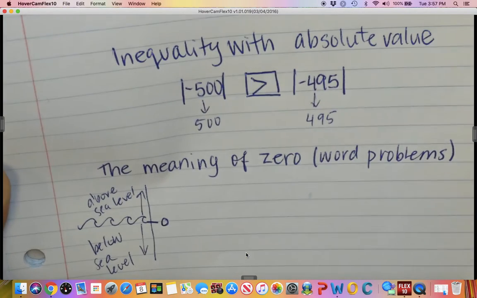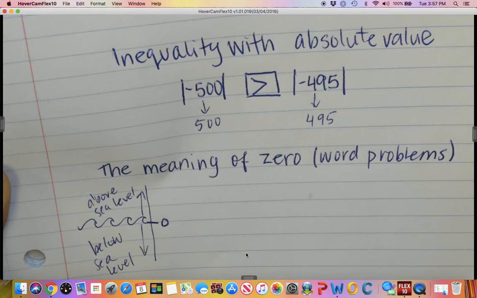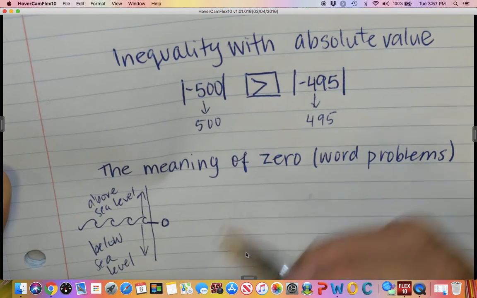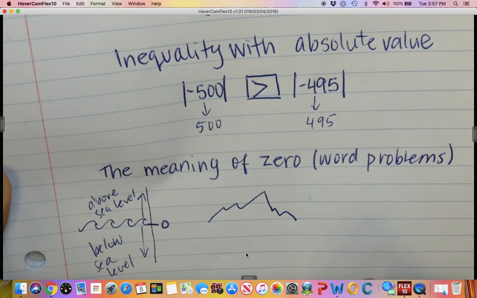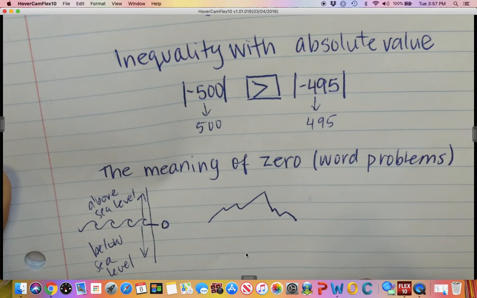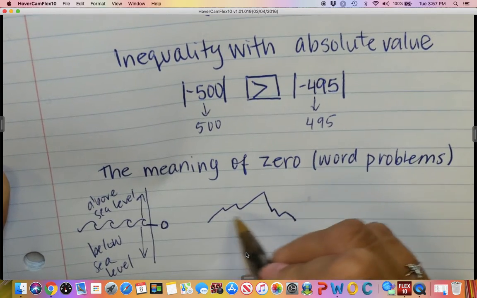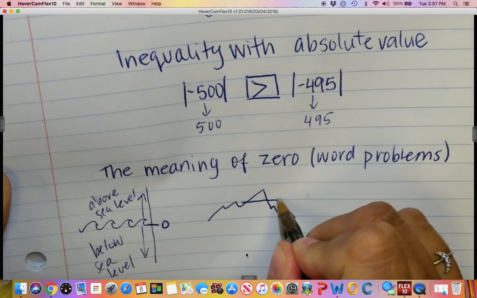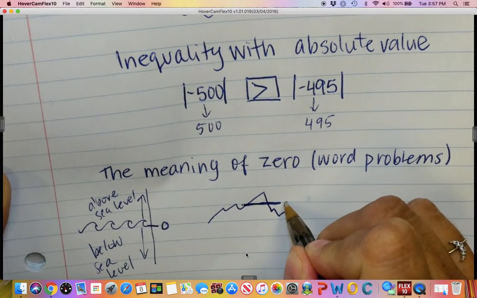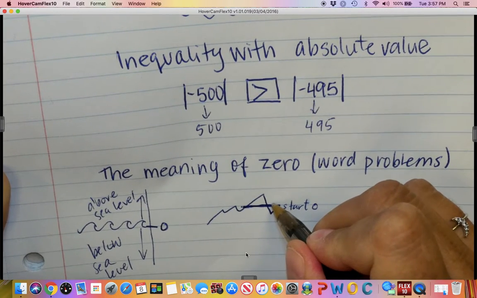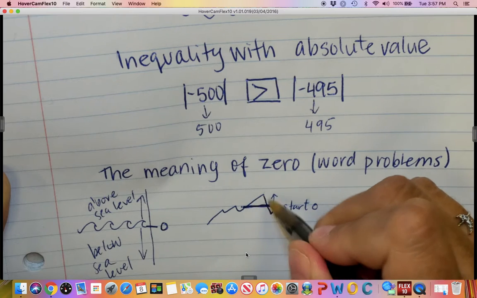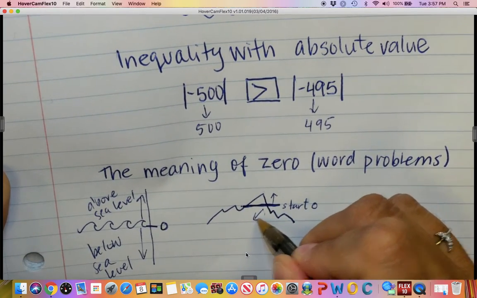If I'm talking about going on a hike, the meaning of 0 is going to be wherever I start. So let's say right here is where I start on my hike. That will be 0. Anything above means I'm going up. Anything below means I'm going down.